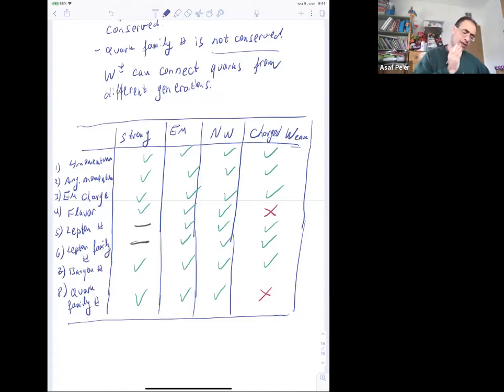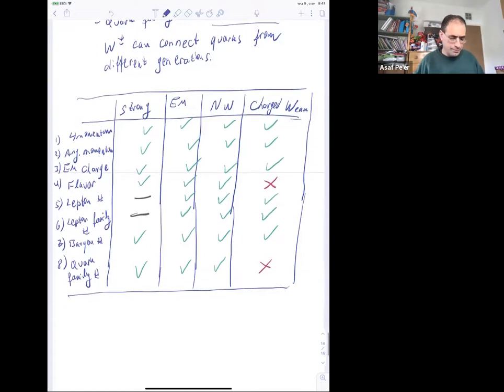Then let's do some examples, some exercises. So I'll give you several possible interactions, processes, and you tell me whether this process is allowed by the standard model or not. Okay. So, question.